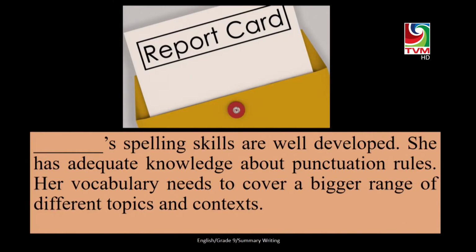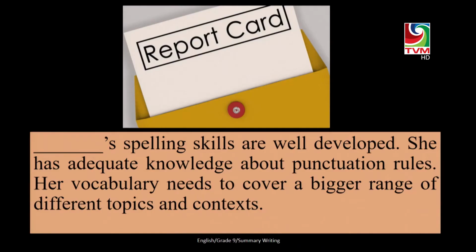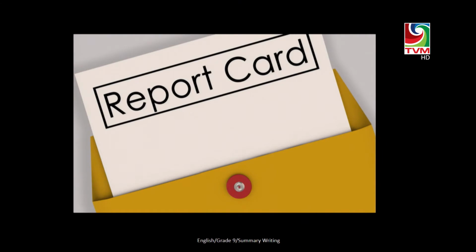So what I want you to do is call someone, anyone who's there at home, and tell them what your teacher has said about your writing skills. I'll give you 15 seconds to do it. Okay, go. Remember to speak in English.